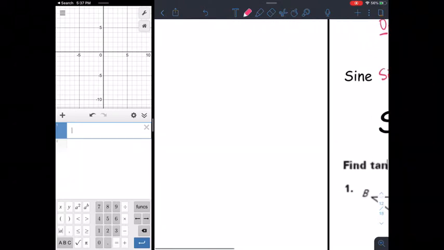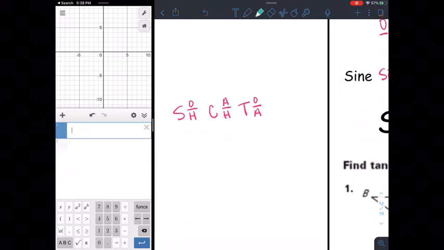I generally write them at the top of my page as sine, SOH, is opposite over hypotenuse, cosine, CAH, is adjacent over hypotenuse, and tangent, TOA, is opposite over adjacent.